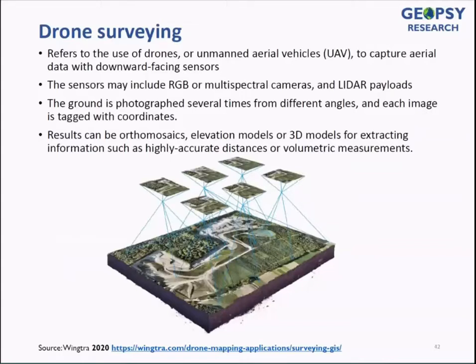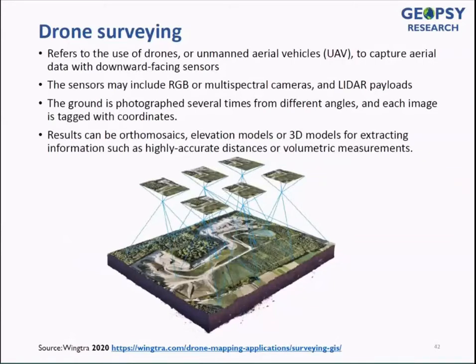But now with drones, you can get very high resolution data. And when I talk about very high resolution, less than a centimeter accuracy, and use this for your surveying. Use this to create digital elevation models, orthomosaic images, and use this for your analysis.